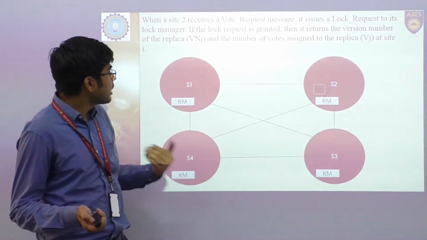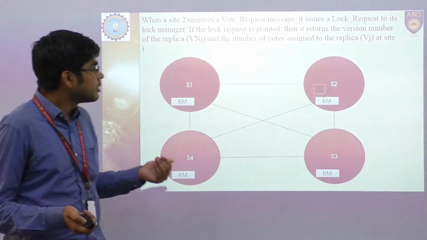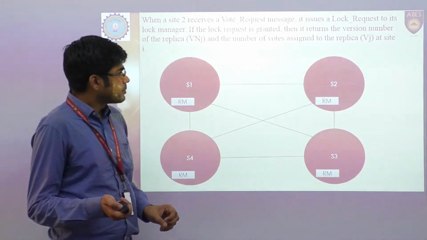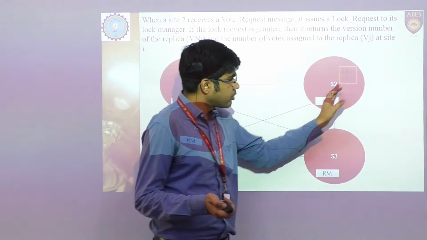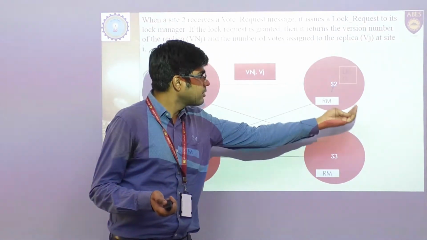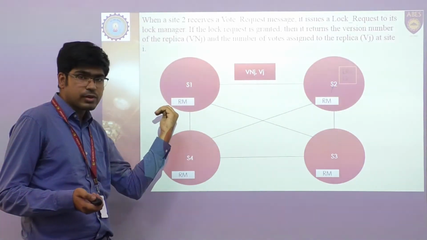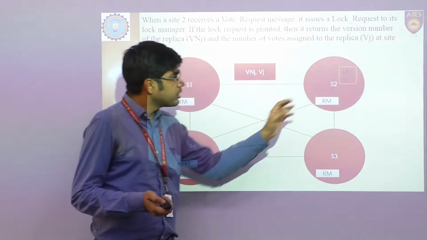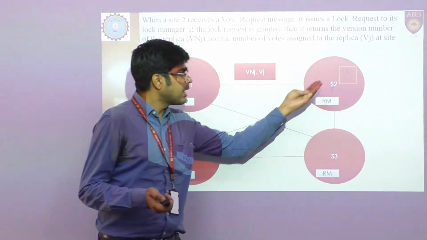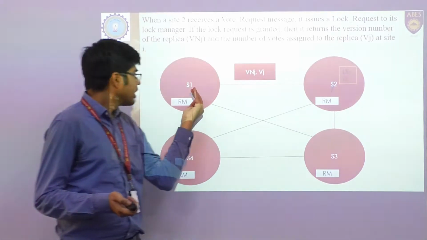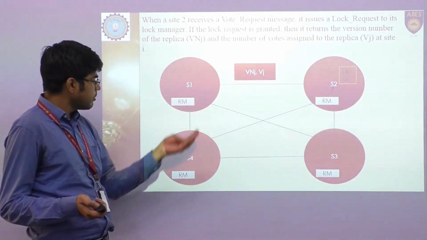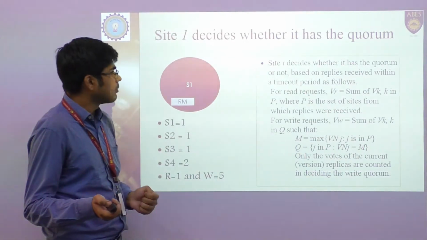Once the lock request is granted, it will send two things back to S1: the version number of the file stored there, and the number of votes that S2 holds. The similar process will go from S3 to RM and S4 to RM.